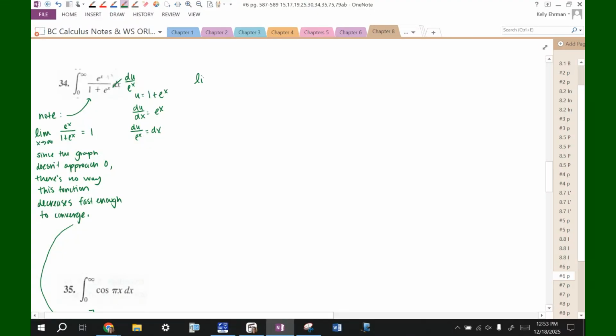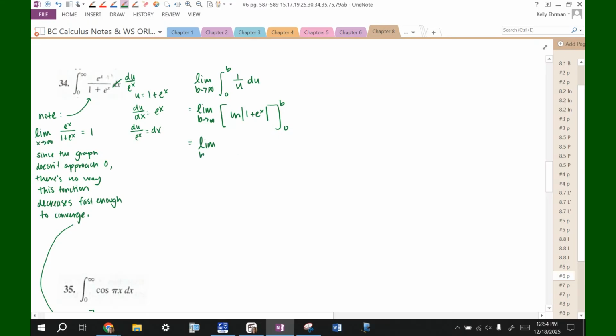So now it's the limit as b approaches infinity, the integral from 0 to b, of 1 over u du. And that's equal to the limit as b approaches infinity of natural log of the absolute value of 1 plus e to the x. The absolute value is not necessary. This is positive, but you can leave it in there.